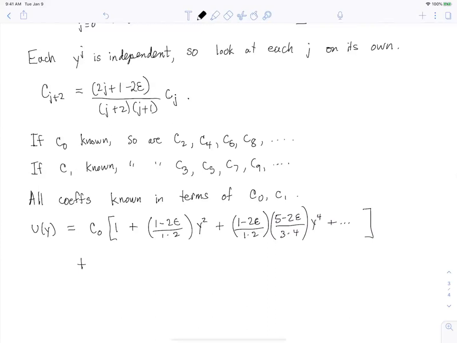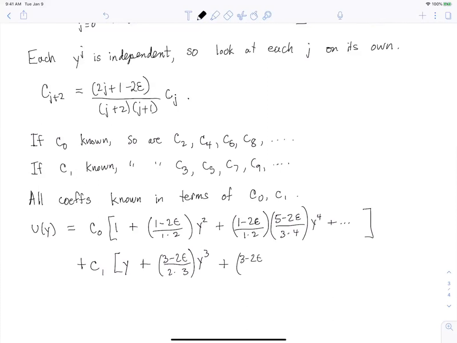Okay, and then there's C1 times y to the 1st power. That's the original C1 term. And then there's the C3 term, which is 3 minus 2 epsilon over 2 times 3 times y cubed. And then there's the y to the 5th term, which looks like 3 minus 2 epsilon.